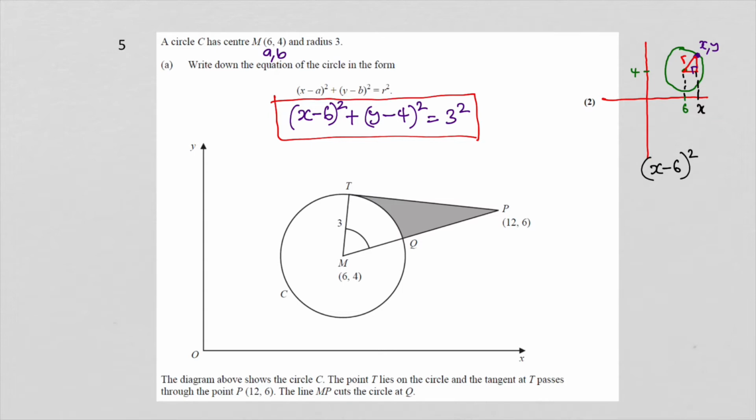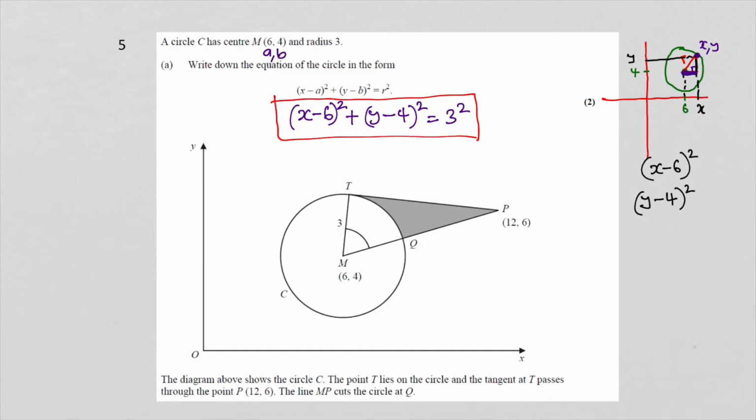And for y, if you trace that y value there, you see that's y. Y is bigger than 4, and then we say y minus 4 squared. And then, so that height here is y minus 4, and this length here is x minus 6.